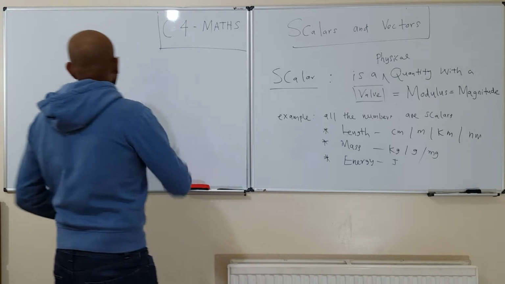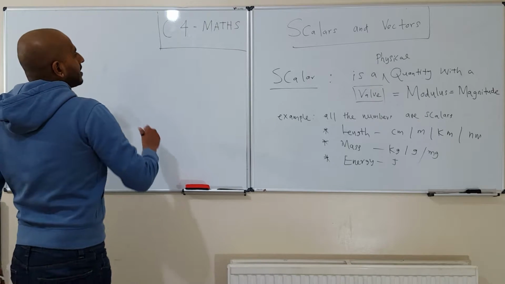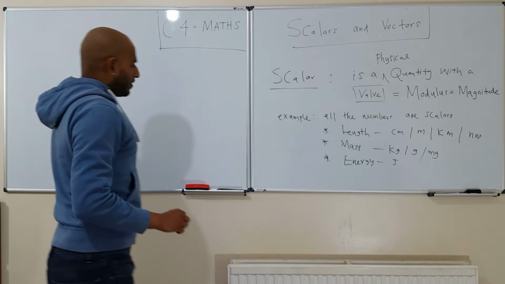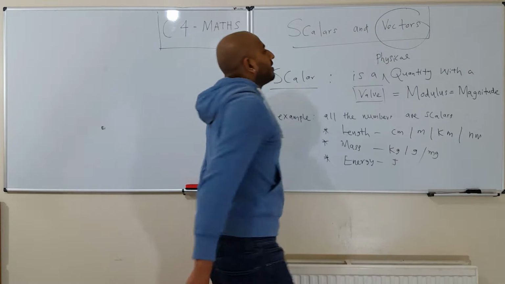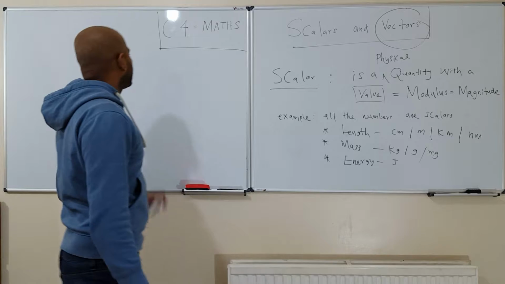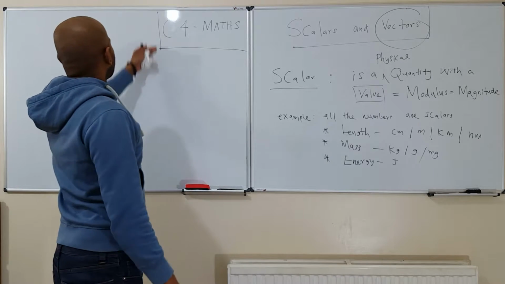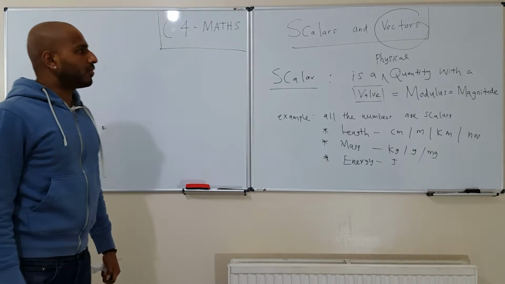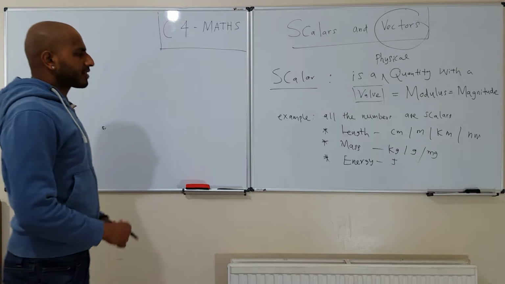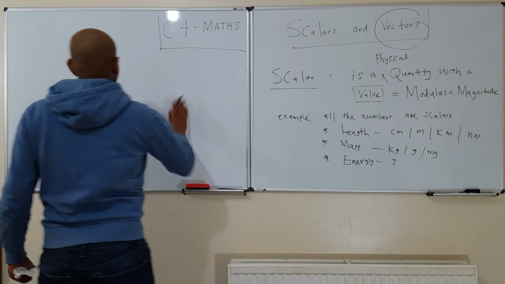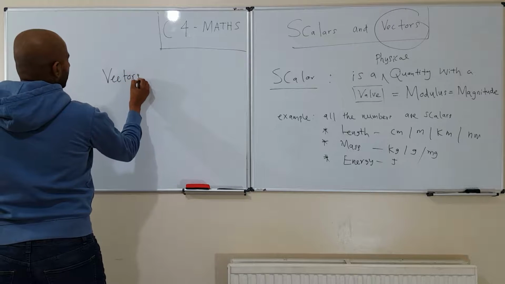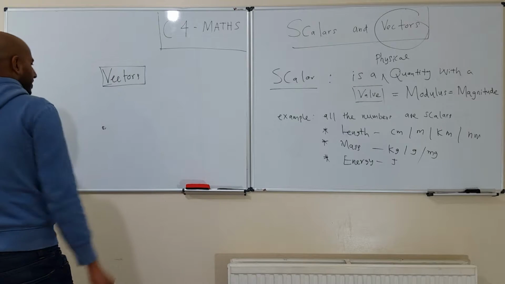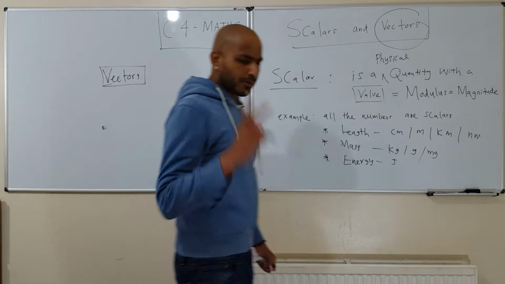Okay, so let's move forward into vectors. Vectors are the real topic, the real highlight. Vectors are quite different from scalars. So let's look into vectors. Now vectors, on the other hand, unlike scalars, have two properties.